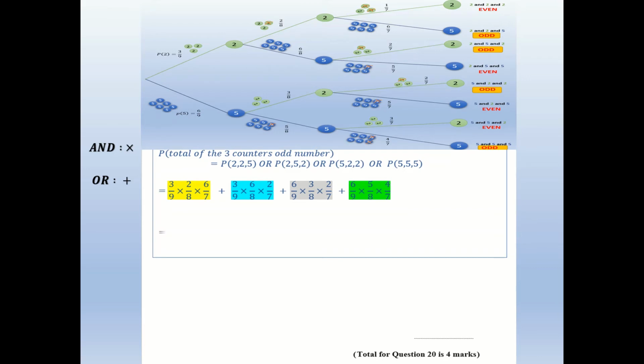This will be equal to 36 out of 504 plus 36 out of 504 plus 36 again over 504 plus 120 over 504. This will be equal to 228 out of 504. And that is that.